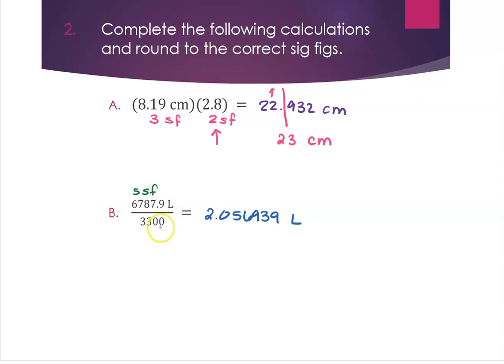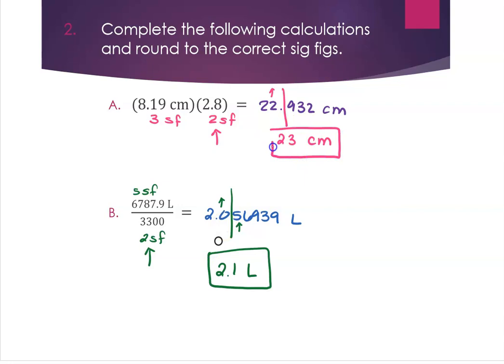The bottom value has zeros because there's no decimal place. Not all the zeros are not significant. So I only have 2 sig figs. So 2 is smaller than 5. So my answer will have 2 significant figures. So 1, 2. So I have 2.0. This 5 behind the 0 means that I round up, and this becomes 2.1 liters.